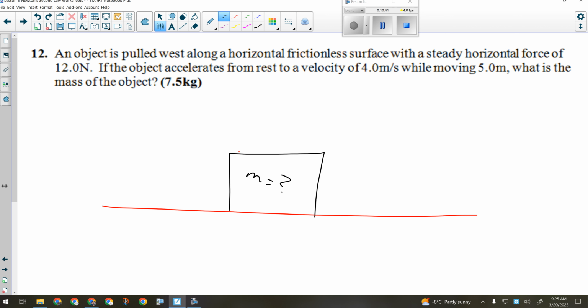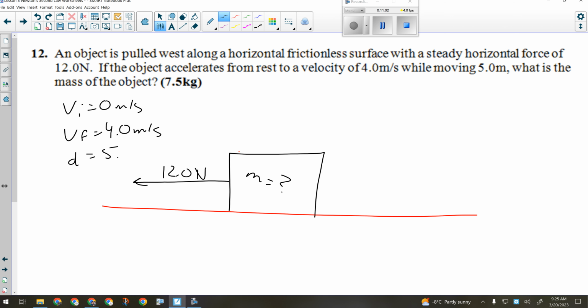It's got a steady horizontal force of 12 newtons. The object accelerates from rest to a velocity of 4 meters per second while moving 5 meters. What's the mass of the object?